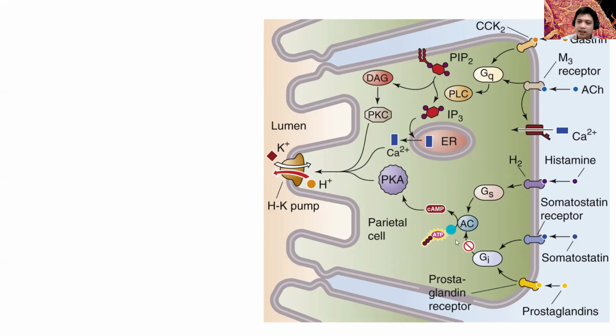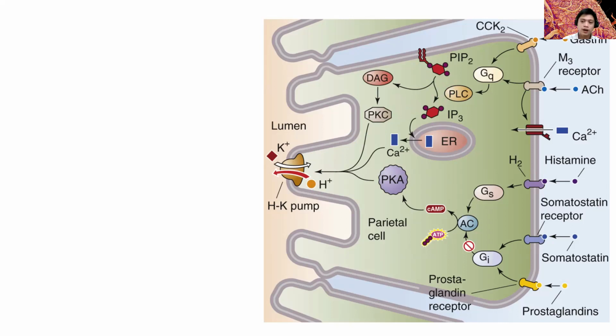Etong mga nangyayari sa loob ng cell, all of these will converge into the activation of the proton pump. So eto sila, mga processes lang yan sila kung paano nako-control, kung gaano ba kabilis yung pag-pump ng inyong proton pump.